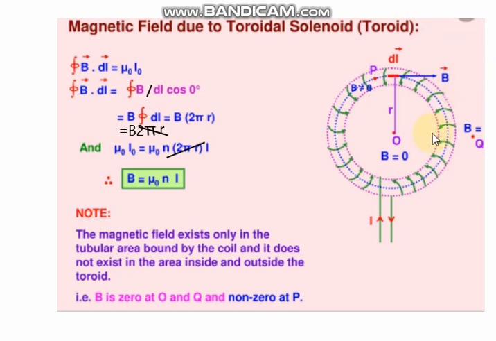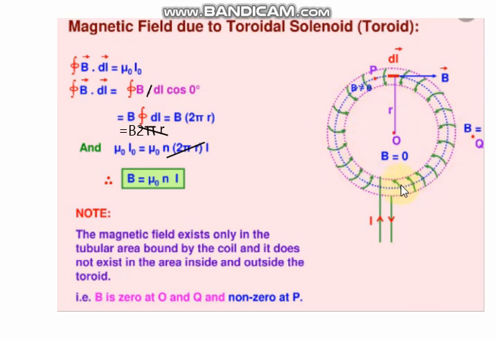Now here you can see two points, one is point O and the other is point Q. One point is in the region enclosed by this toroid, and the other point is outside the toroid. So the field at both points will be equal to 0. It means that the magnetic field exists only in this tubular region inside the solenoid, bounded by the coil.